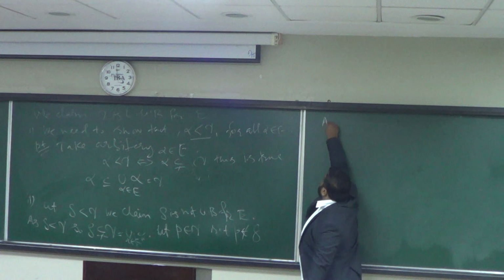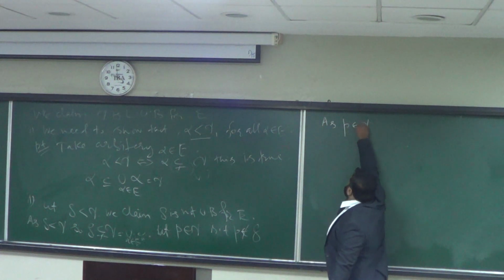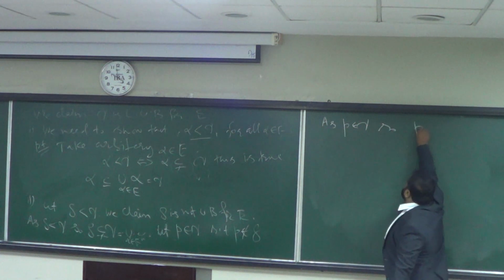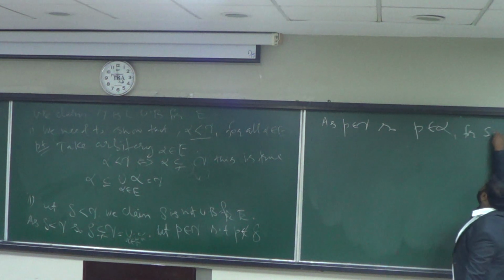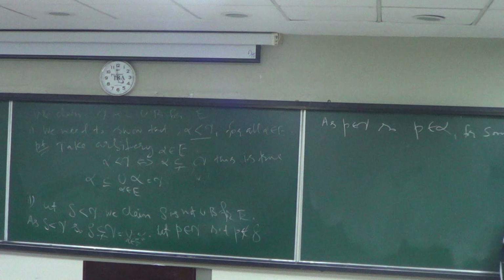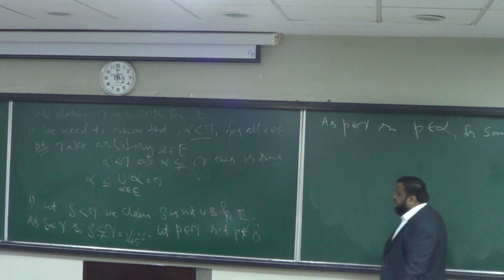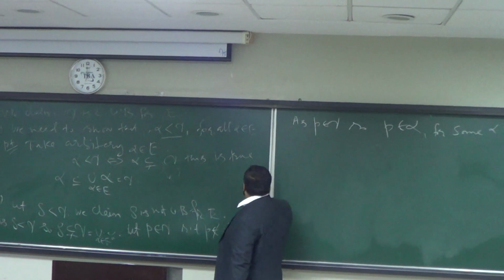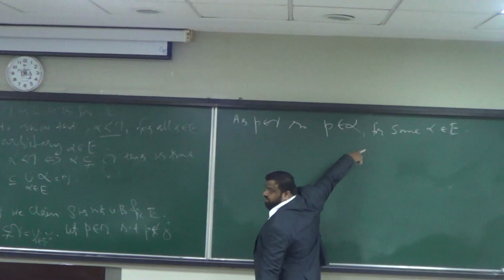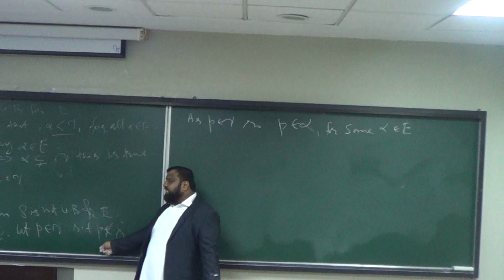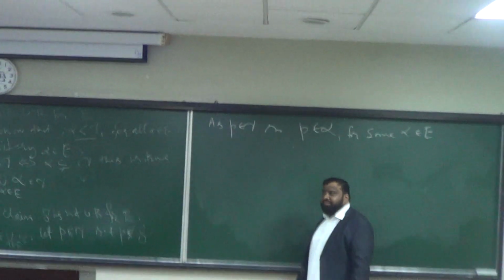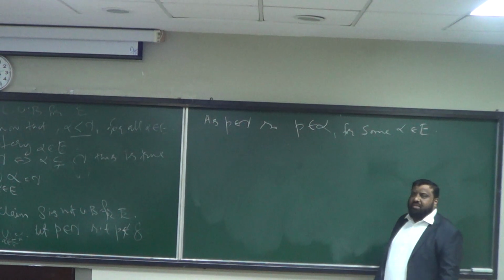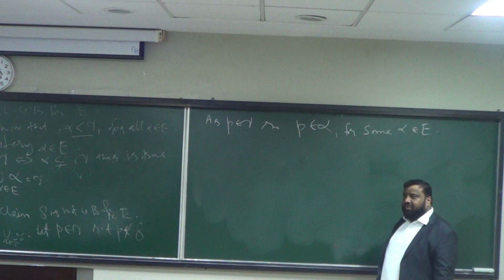So as P is in gamma, P must be in alpha for some alpha in E. Okay? So if P is in alpha, for some alpha in E, and P is not in delta, then what conclusions can you make from here?